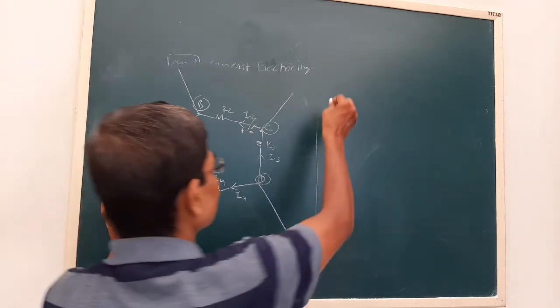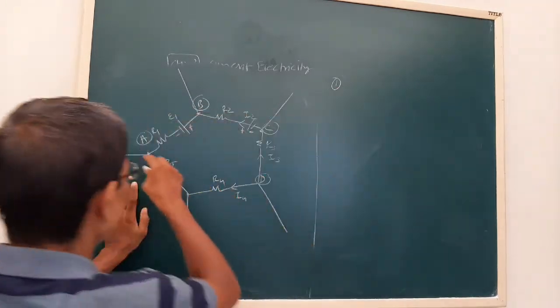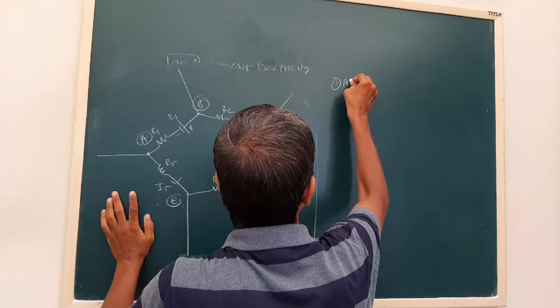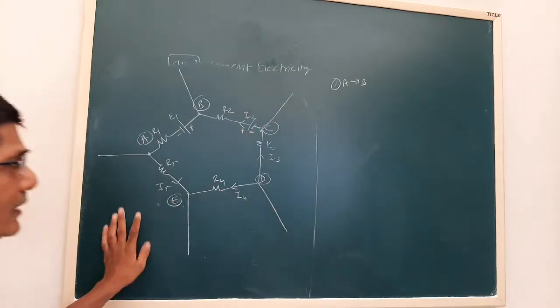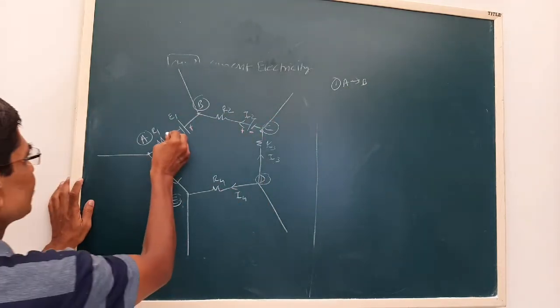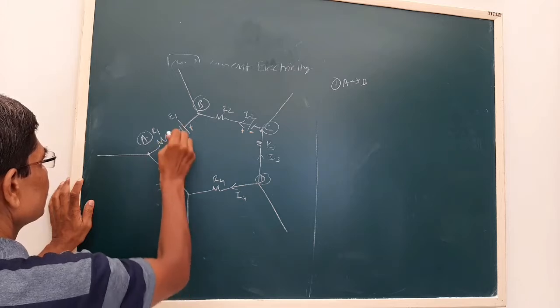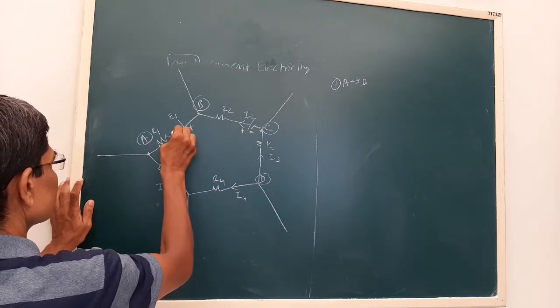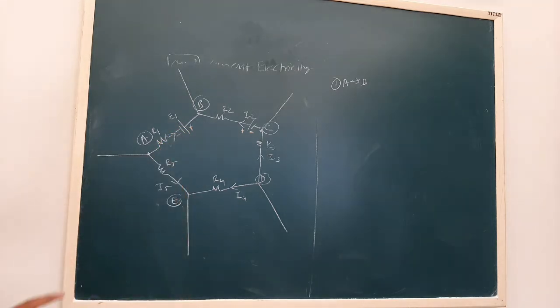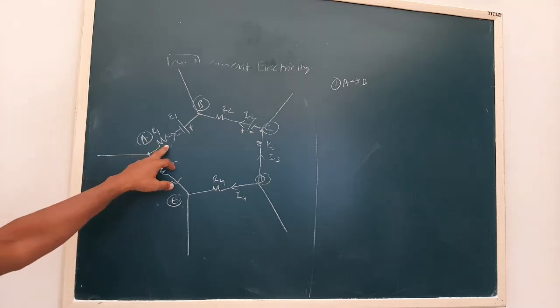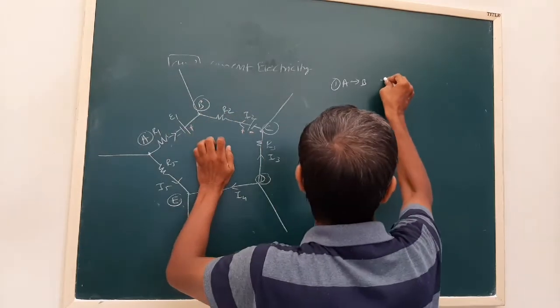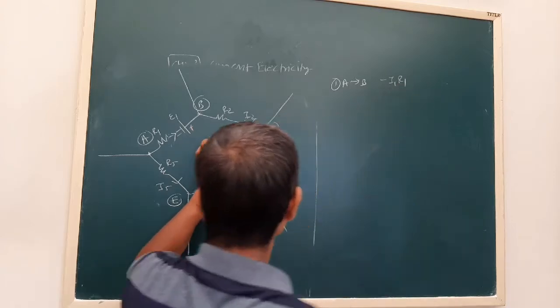Let us say first is from A to B. These are, let us say, this is the circuit given. See, we move from A to B. During that we move in the direction of the current, so there will be a decrease in the potential, minus I1 R1.